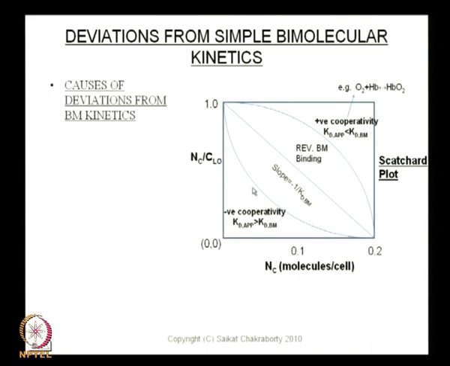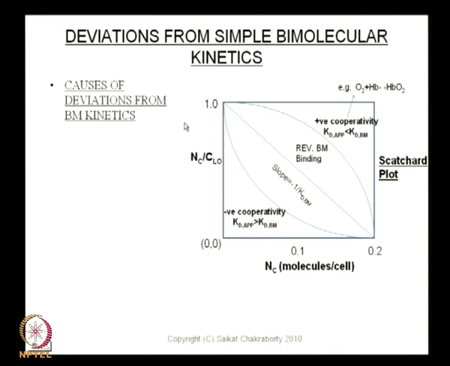But if it's positive or negative cooperativity, then these plots are convex or concave in shape, and you cannot make such straightforward calculations from the slope. So, you have difficulty figuring out what the apparent KD is. What we will try to understand is the real chemistry behind this question of cooperativity, how it happens, and try to quantify these cases.